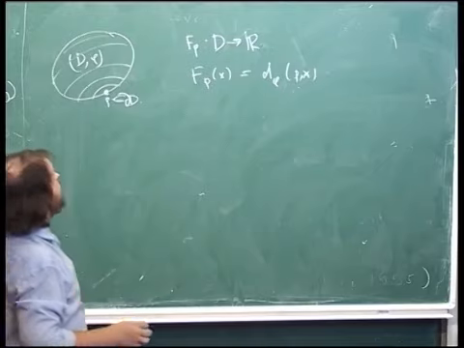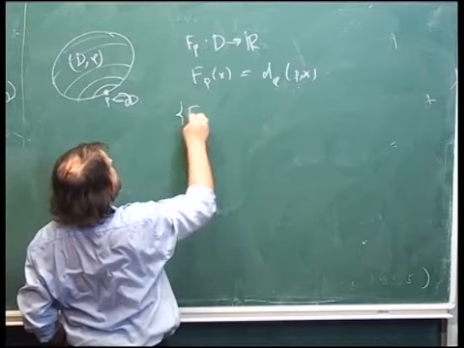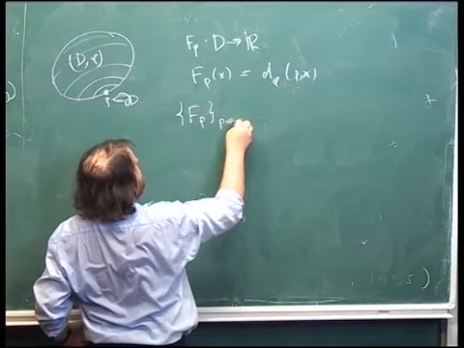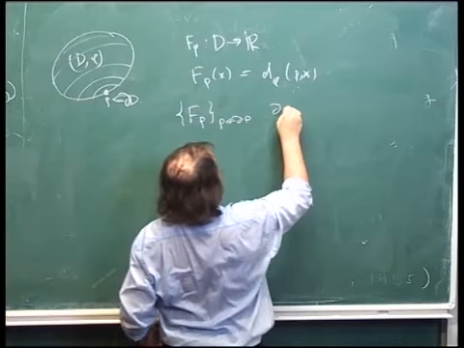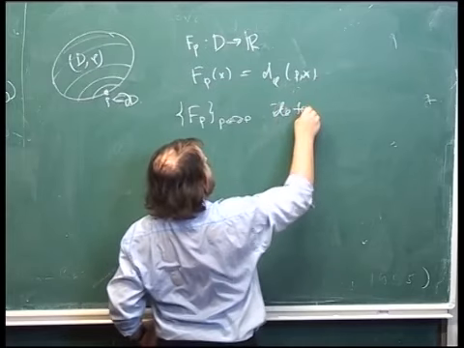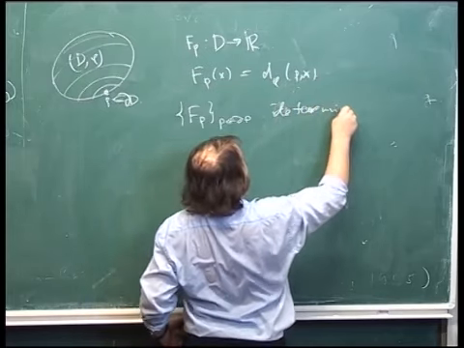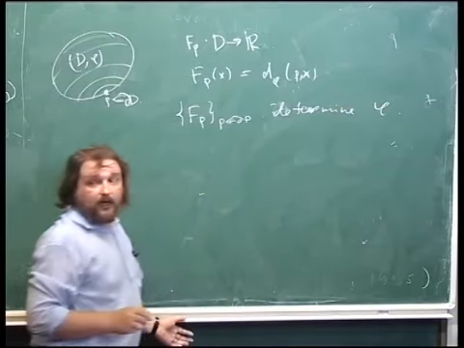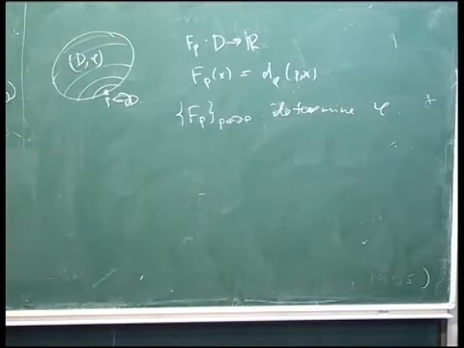And if the metric is simple, then the family of these functions, if you know all these functions, determines the metric, in some explicit way.